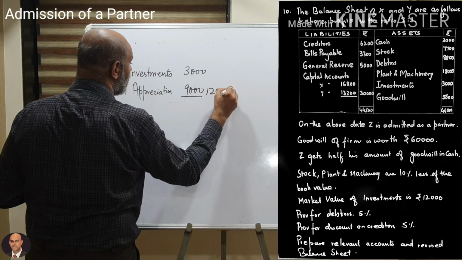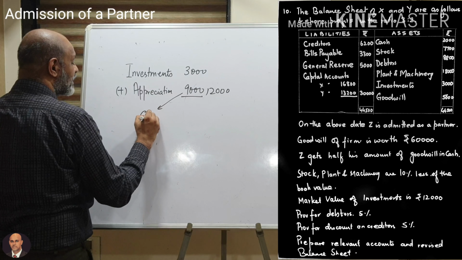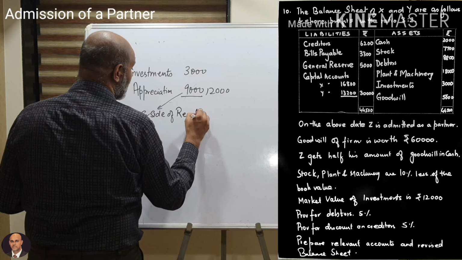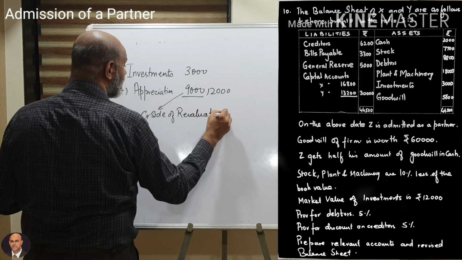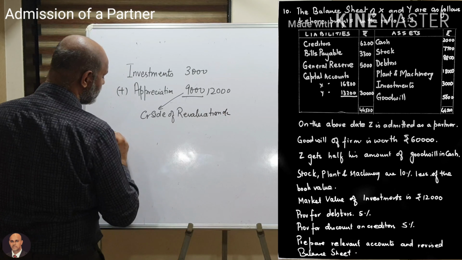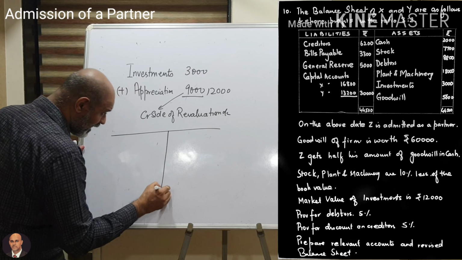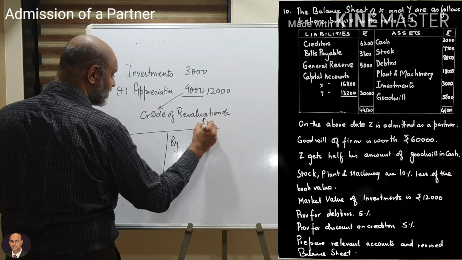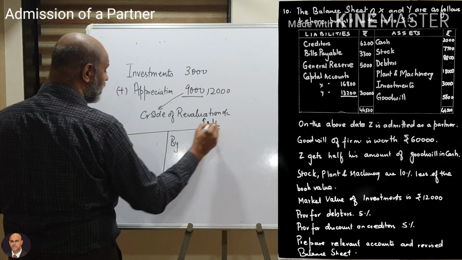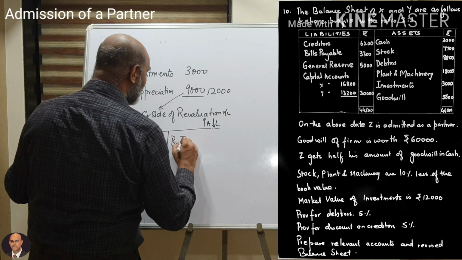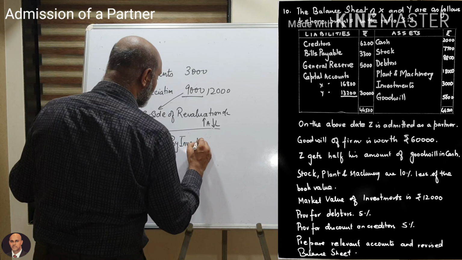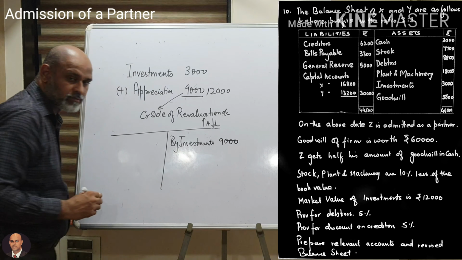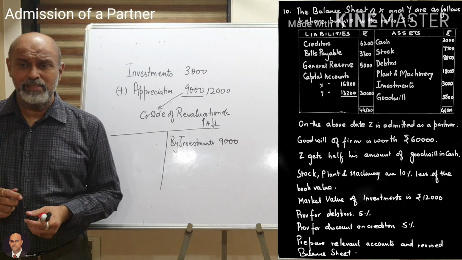So this is a profit for the firm. It will come on the credit side of revaluation account. I remind you again, credit side of revaluation are the profits, and the profits is when the value of the asset rises and the value of the liability falls. So it will come as by investments and the amount will be 9,000, the difference where it has gone up.